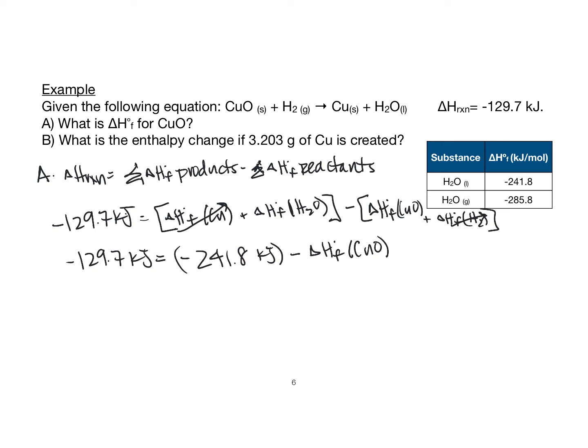And so let's move this over a little bit so we have a little bit more space. It's going to equal negative delta H not F of copper oxide. When we move the negative 241.8 to the other side, it will be 241.8 minus 129.7, and that's going to give me 156.1.